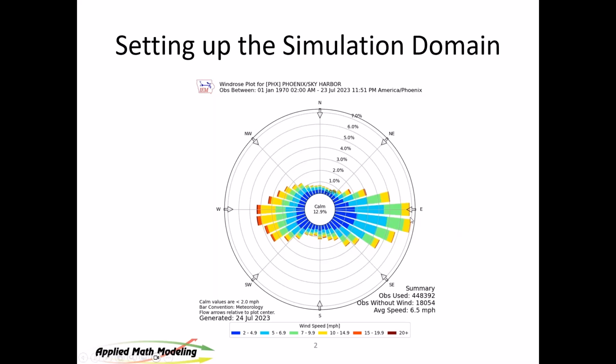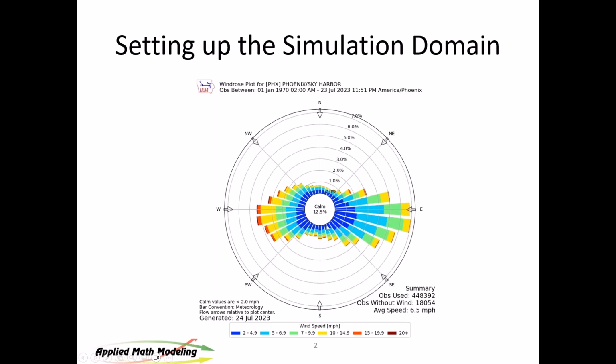This windrose shows us the probability and strength of wind. You can see that wind of 10 to 14 miles per hour occurs at some interval. That's probably the worst speed, but it only occurs a percentage of the time. In this case, we've got about 6% of the time wind blowing from the east.